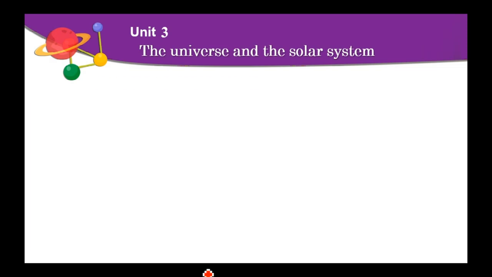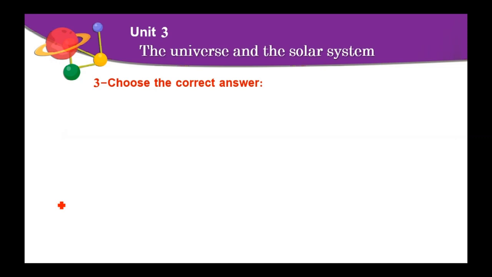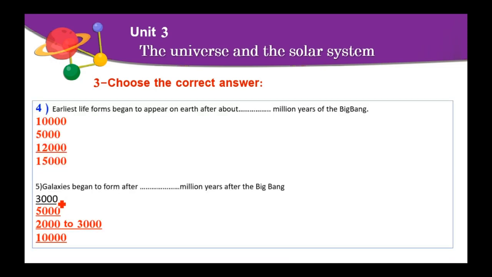Choose the correct answer. The earliest life forms begin to appear on Earth after about space million years of the Big Bang.